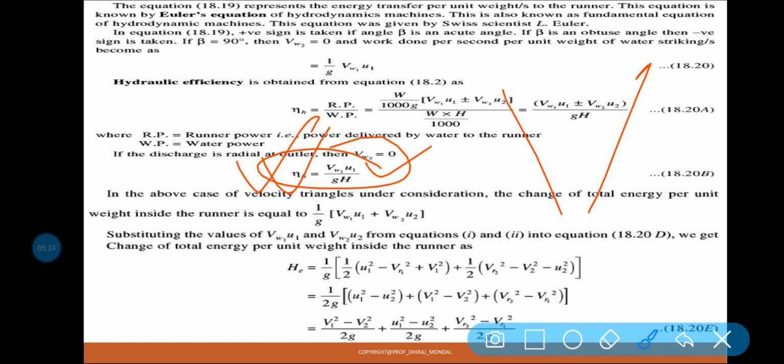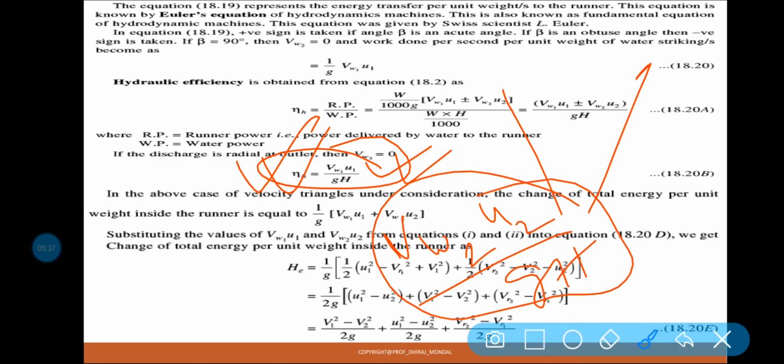In the same way, in the case of a pump, the flow is from inward to outward, so that value will be Vw2 U2 by gH.